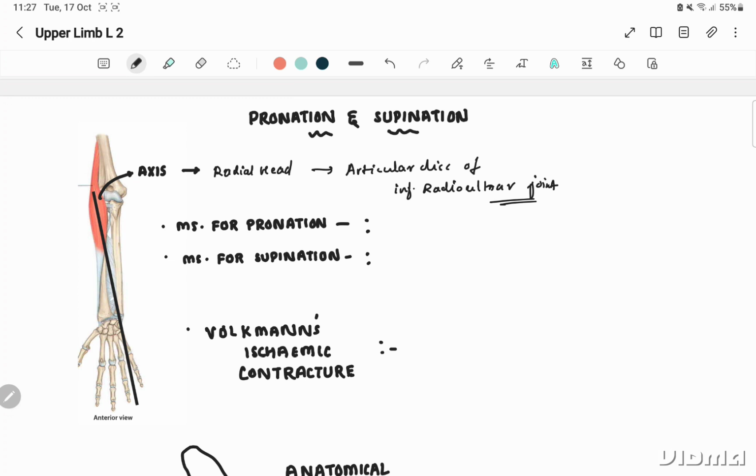So in the pronation supination, the head of the radius, the radial head, rotates within the annular ligament. Here we have the annular ligament, so the head of the radius rotates within the annular ligament.